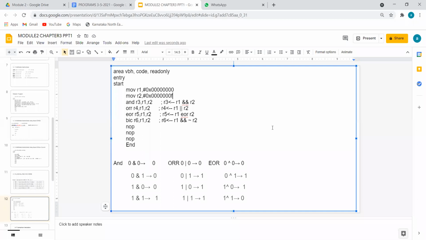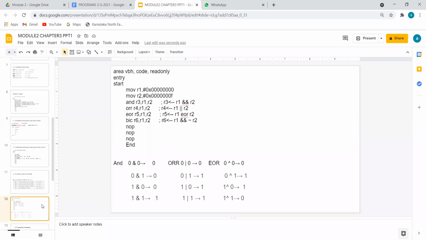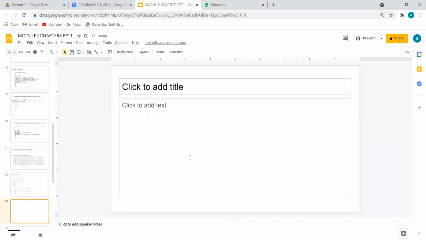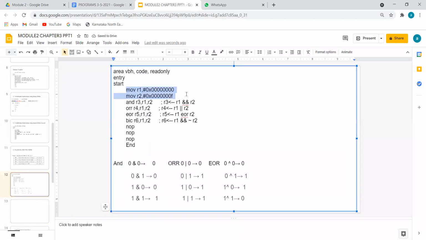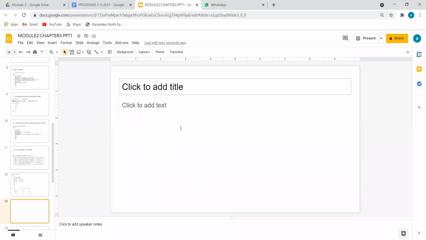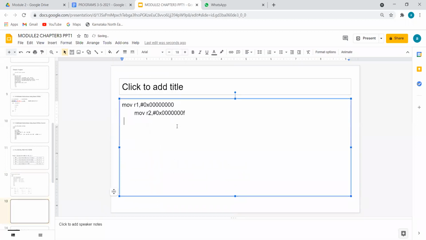One more thing we have to assume here is important. Let me keep it here, and I will take only these two lines. Here it is. So these are the two numbers.